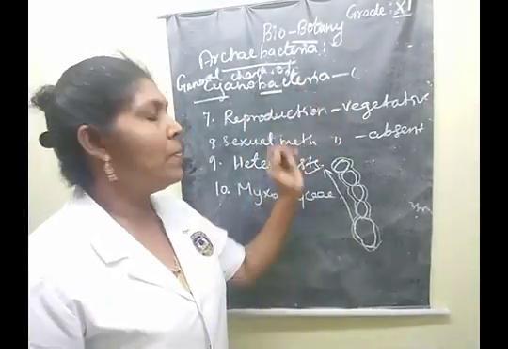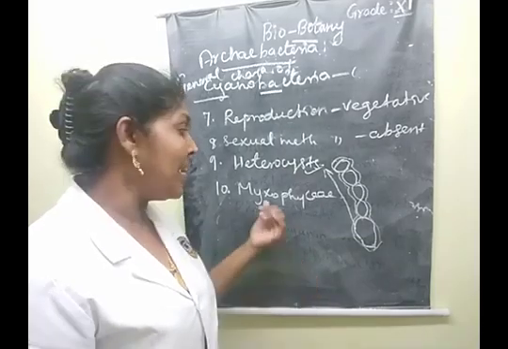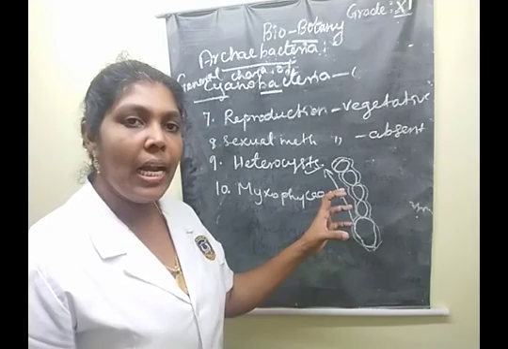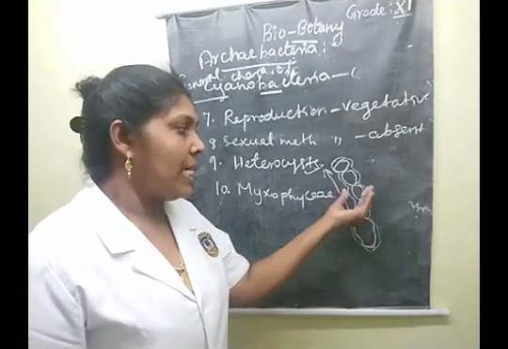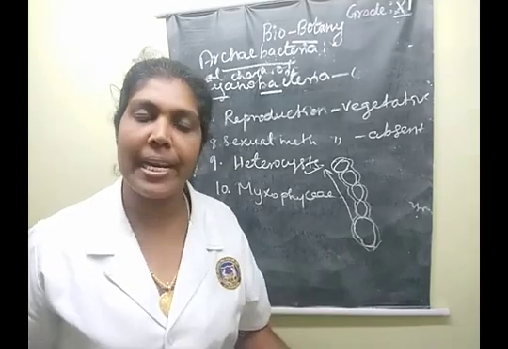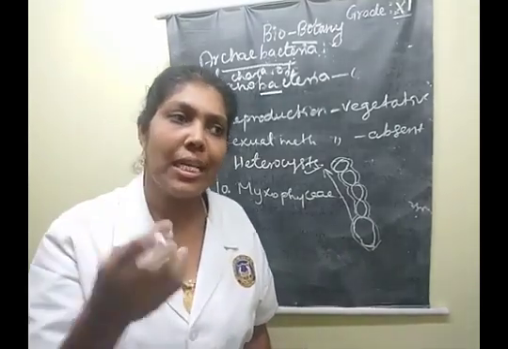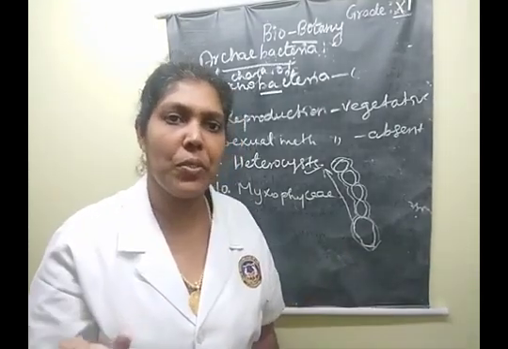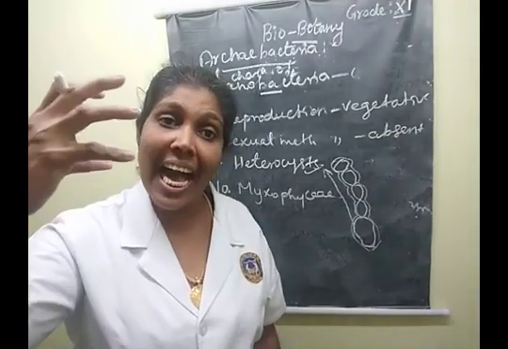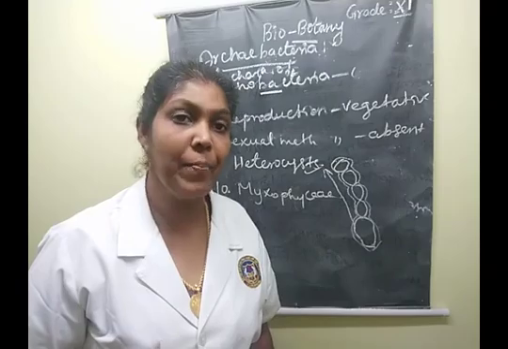Next, why are the Cyanophyceae members called Myxophyceae? Here these cells secrete a mucilaginous, gum-like substance, which covers the thallus.